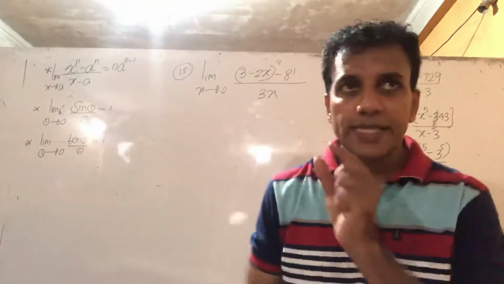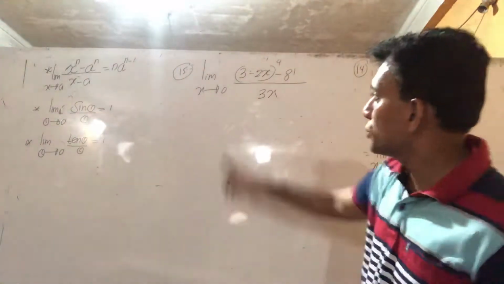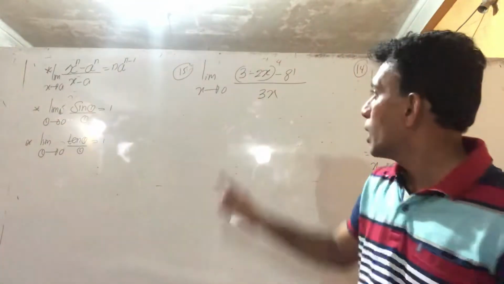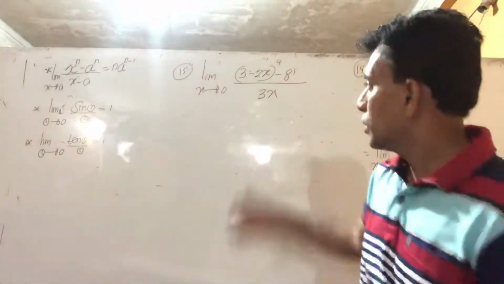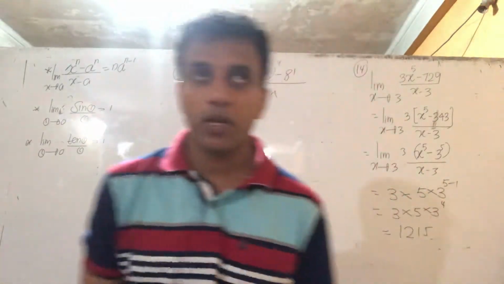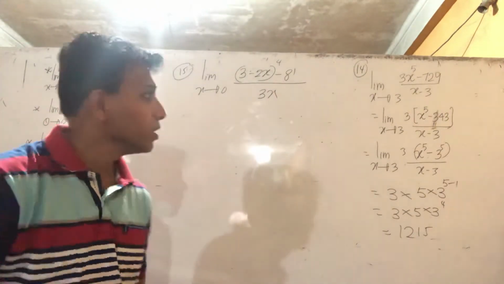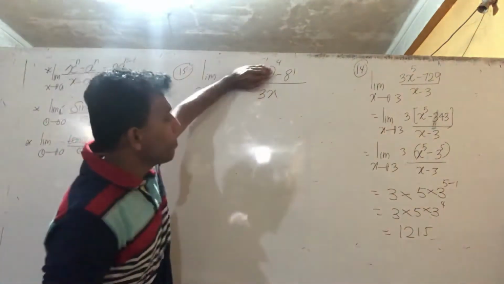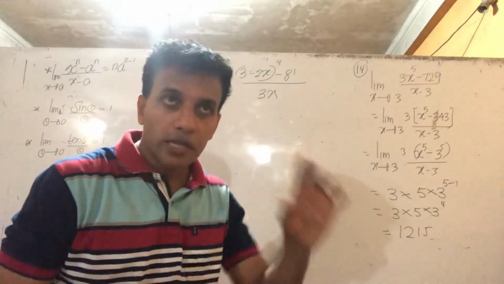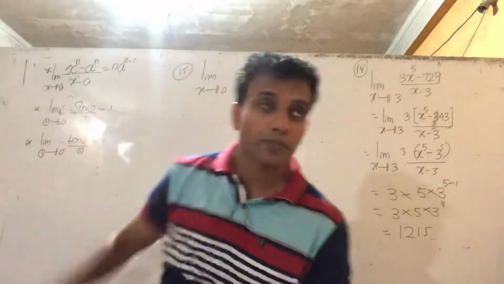Always first decide what happens. Direct substitute, put x as 0: 3 to the power 4 is 81, minus 81, 0. Below also 0. So one of the meaningless forms. We have to use some rules or factorization. I also better write 81 as power 4, then it is a standard form like the earlier problem, right?